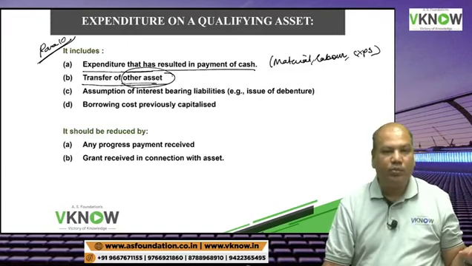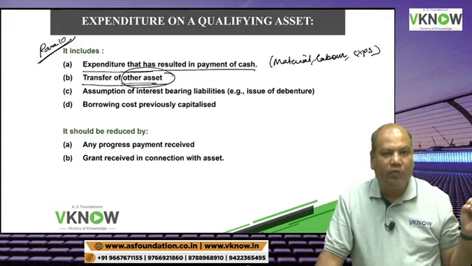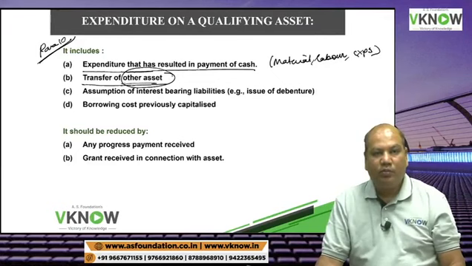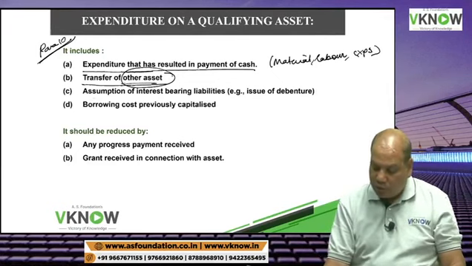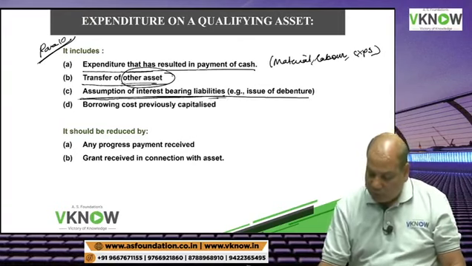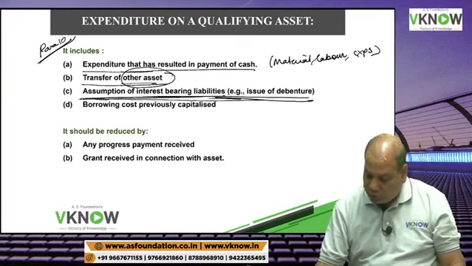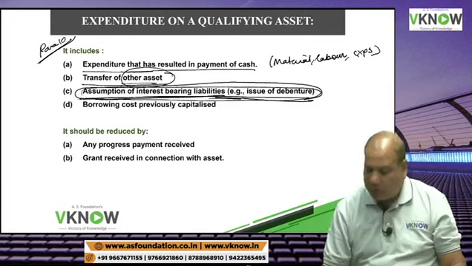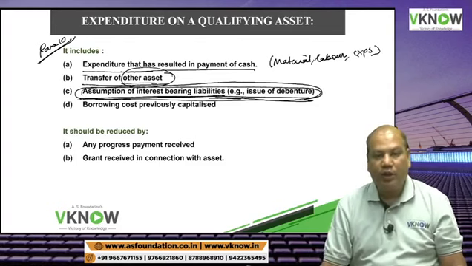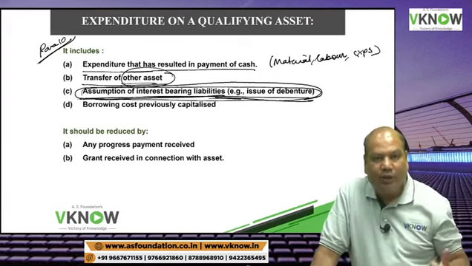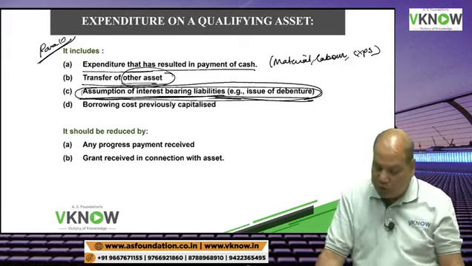So if you have some building construction material with you, which you have used for construction of a building, that will also be considered. Or any assumption of interest bearing liability. For example, you have issued debenture for the purpose of buying material. So assumption of any interest bearing liability, you might have taken a loan or taken credit for buying material, that will also be considered.